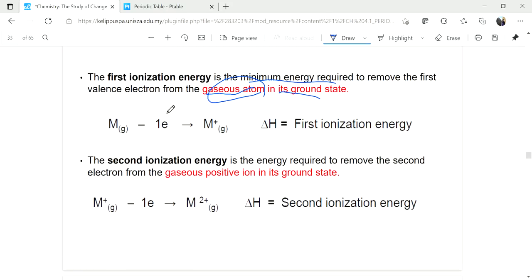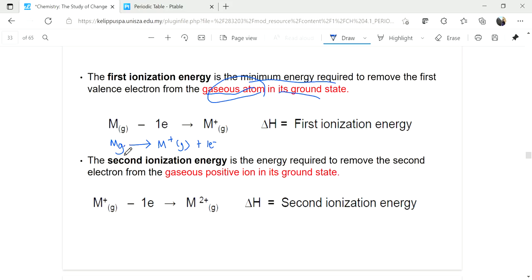So the equation should be like this. Magnesium atom, when it gains minimum energy to remove the first electron, will become magnesium plus ion, plus 1 electron, meaning it removes 1 electron.